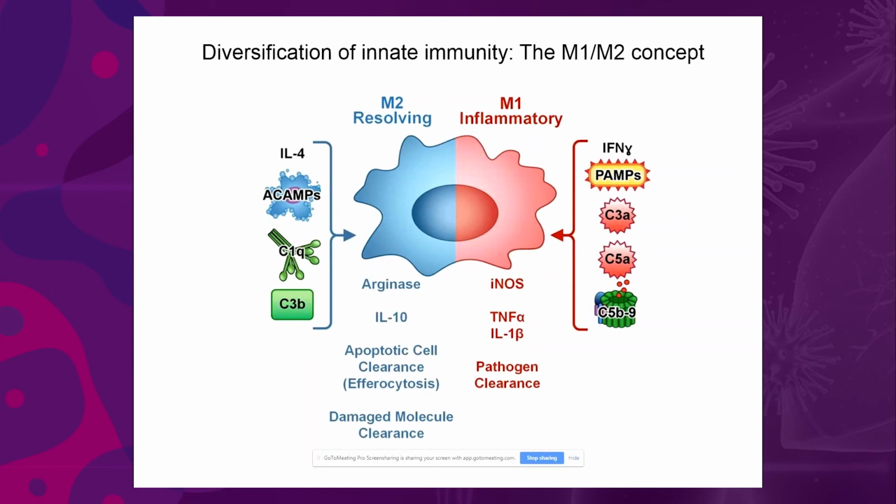We know that in adaptive responses, we can say this is a Th2-driven allergic response, this is a Th1-driven response, this is a Th17 or neutrophilic response. However, for innate immunity, we cannot really easily discriminate different states of innate immunity.